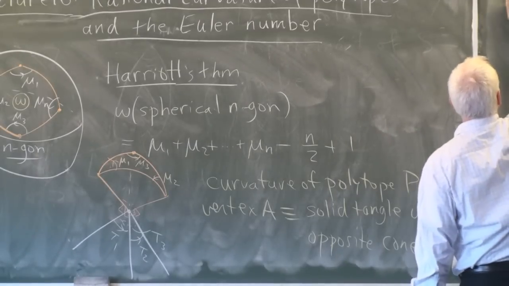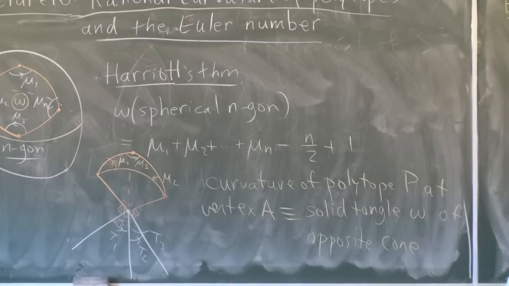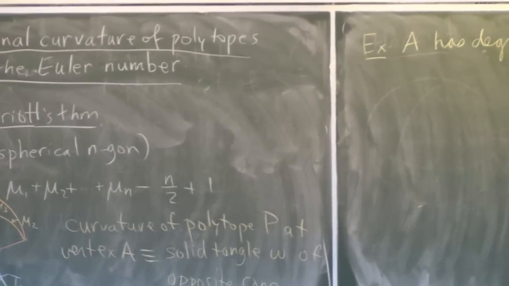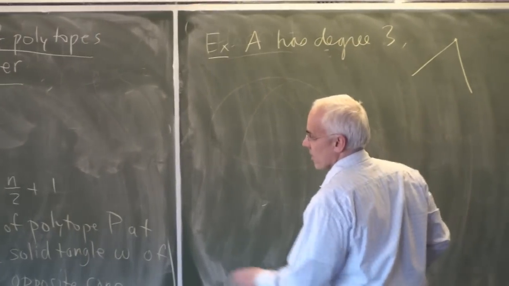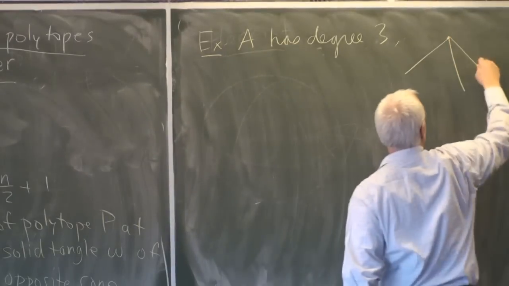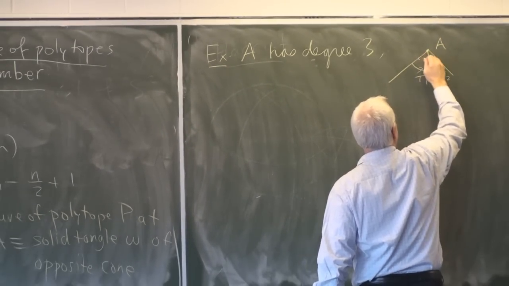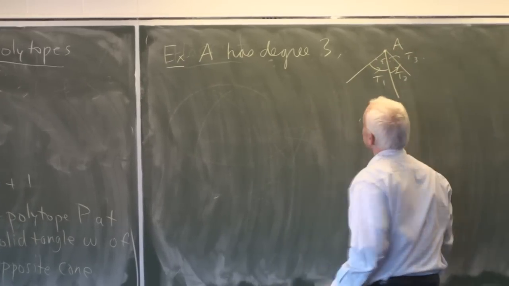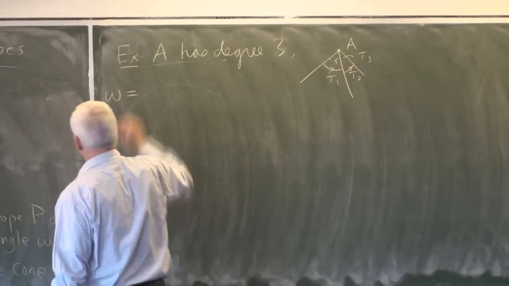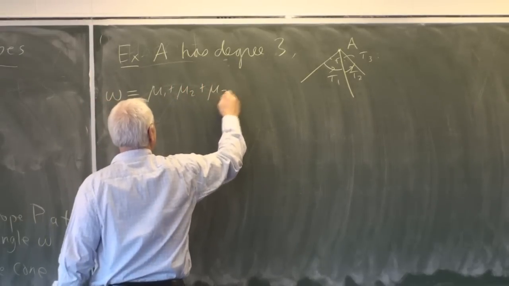In the case where A has degree 3, with turn angles tau 1, tau 2, and tau 3 at the vertex, the curvature is first of all mu1 plus mu2 plus mu3 minus a half.